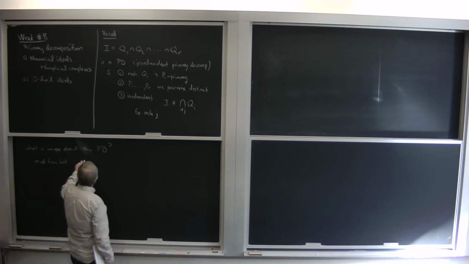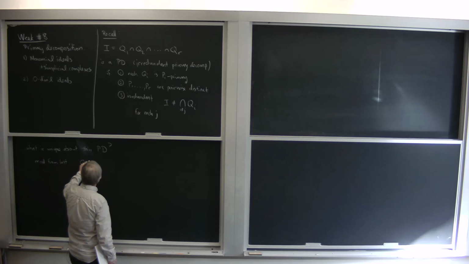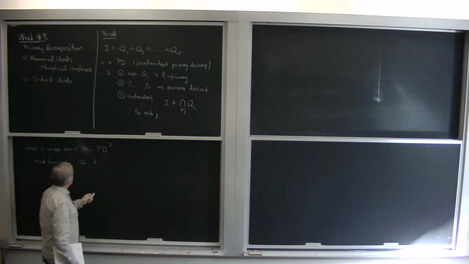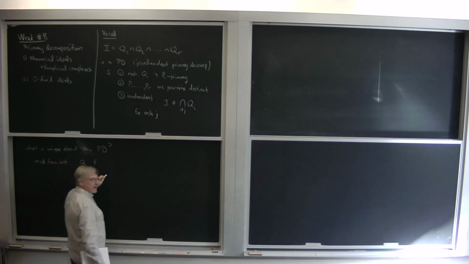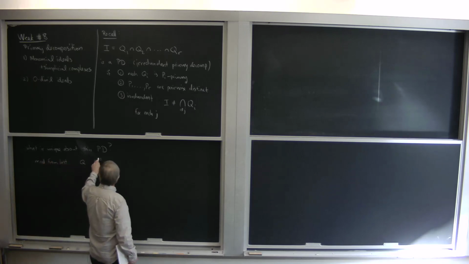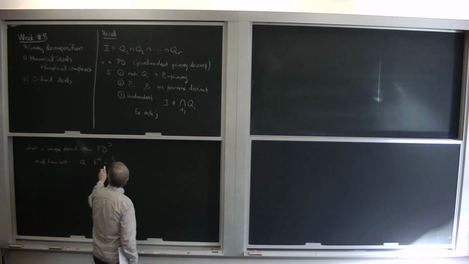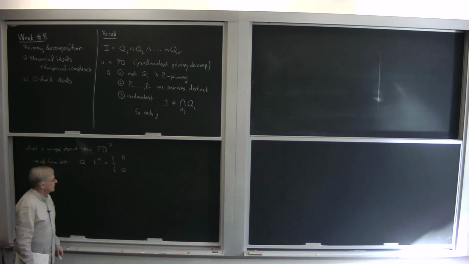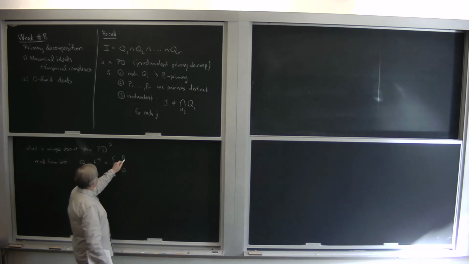that if Q is a primary ideal, Q colon f, we could do it with just a single f or with f infinity. Let's do f infinity just because it's easier to write down and remember. This was either equal to the whole ring R or Q. And what were the cases? So when was this equal to R?